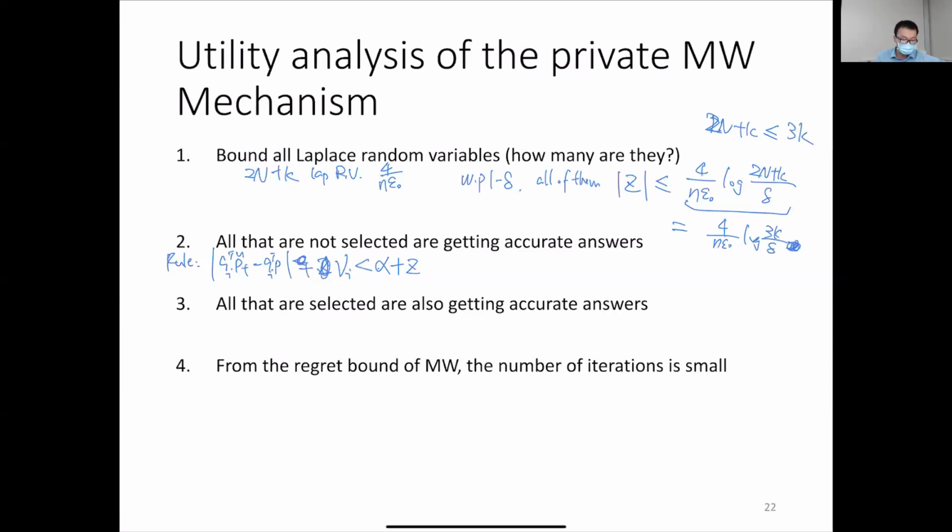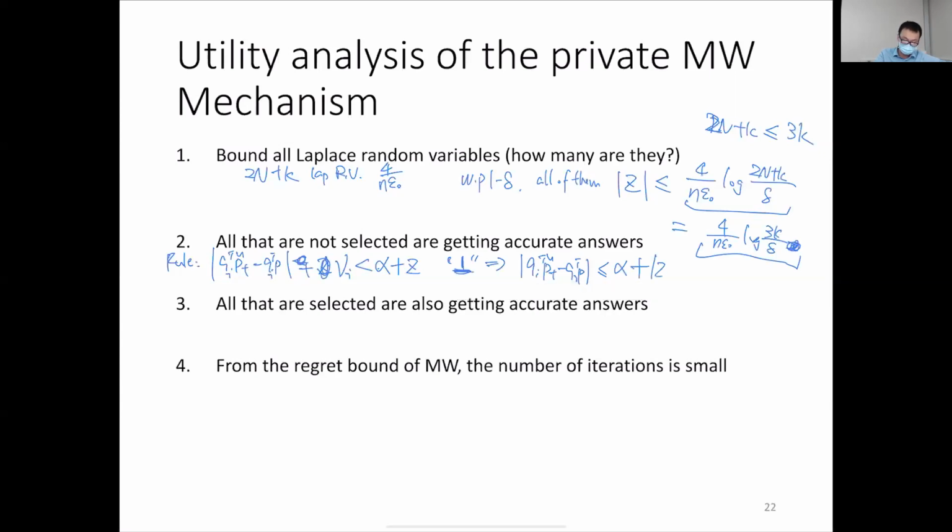So now that we know both z and nu i are bounded by this quantity, then by moving everything to the right hand side, this implies that the error of P tilde t minus q_i transpose P is smaller than alpha plus an upper bound of z and nu i, since they have bounded absolute value.